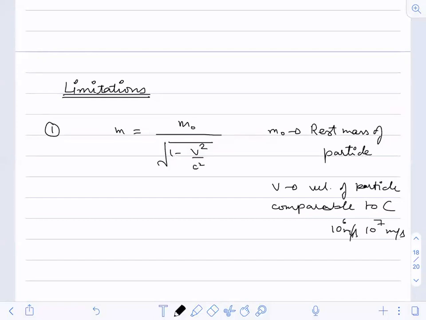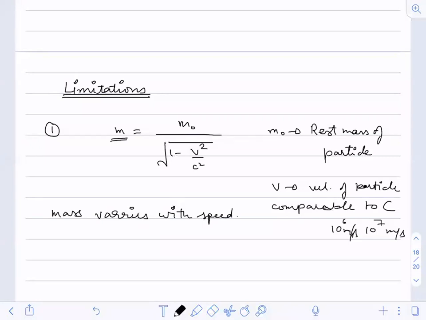Now if the particle's velocity increases too much, the mass changes. The mass varies with the speed.